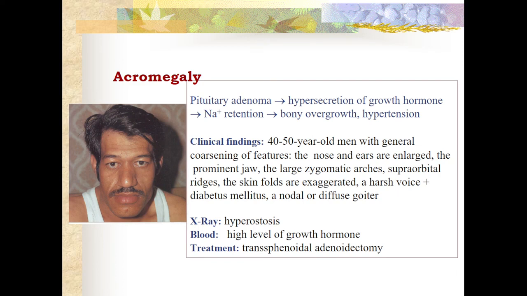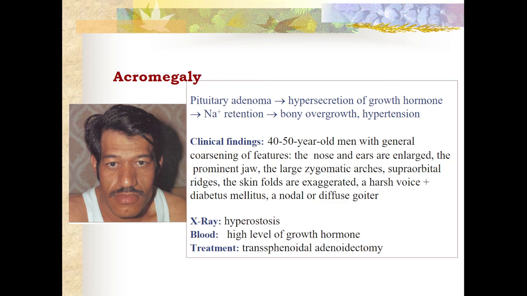Usually acromegaly affects 40 to 50-year-old men with general coarsening of features. The nose and ears are enlarged. The jaw is prominent, the zygomatic arches and supraorbital ridges are large, and skin folds are exaggerated.